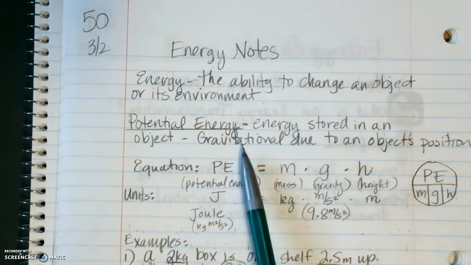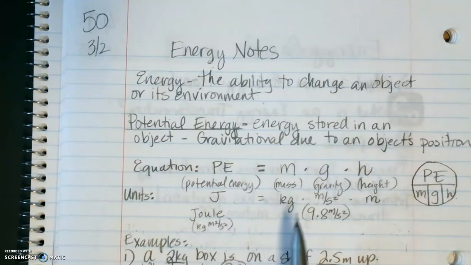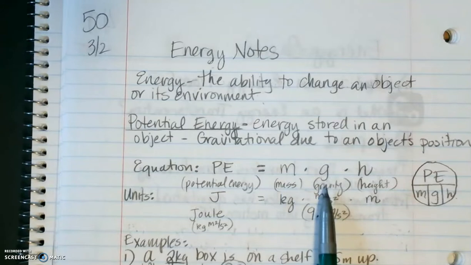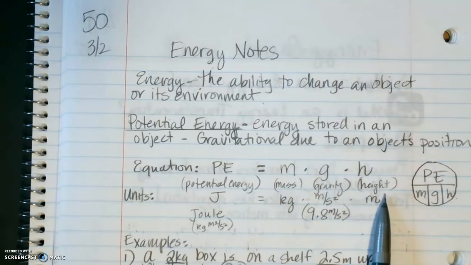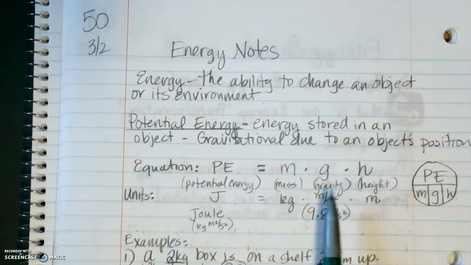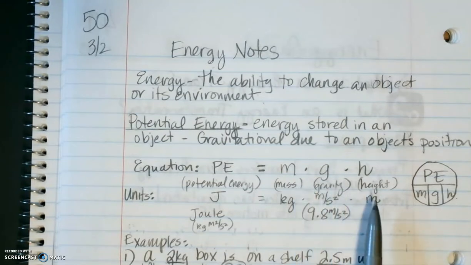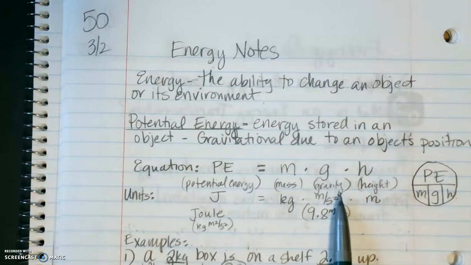Okay? So that gravitational potential energy told us that potential energy is mass times gravity times height, and that mass and height both could be changed. And since gravity mostly was the same because we stayed on Earth, gravity would be 9.8 meters per second squared.